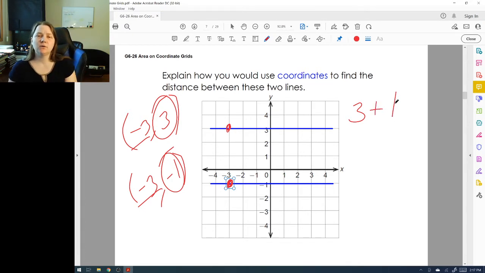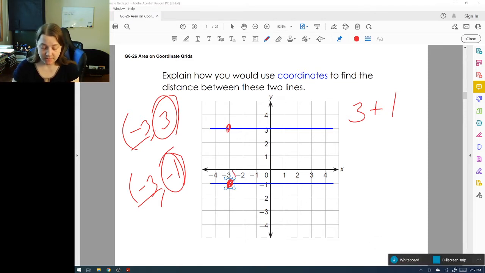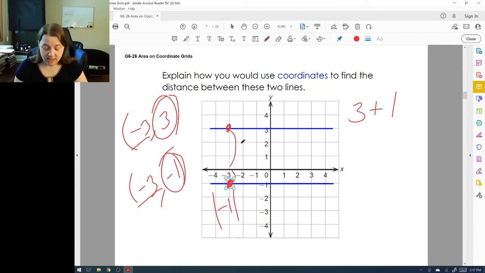But how did I know it was going to be plus 1 instead of minus 1? Remember that we're just looking at the distance. So this is 1 step away, so this would be actually the absolute value of 1. And this is 3 steps away, or the absolute value of 3. The 1 here and the 3 here ends up being a distance of 4.